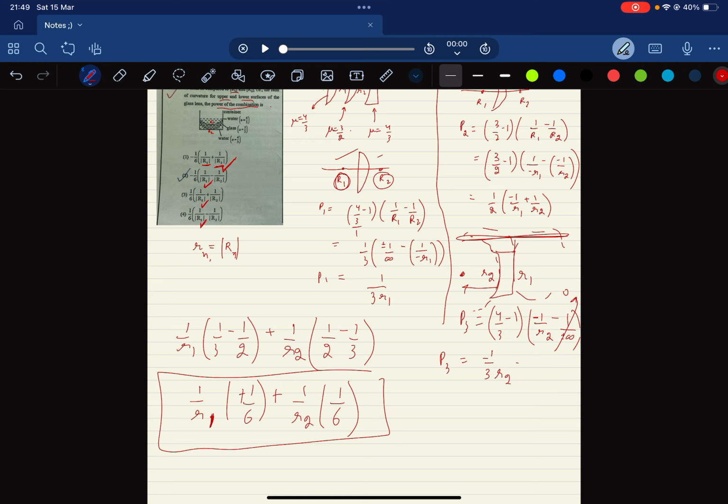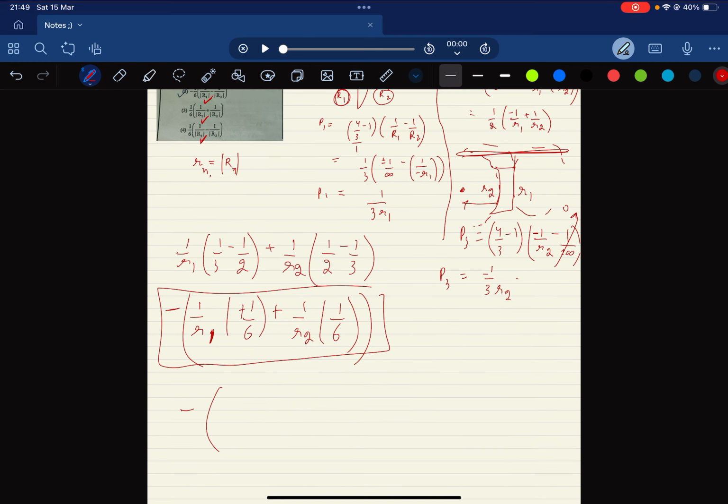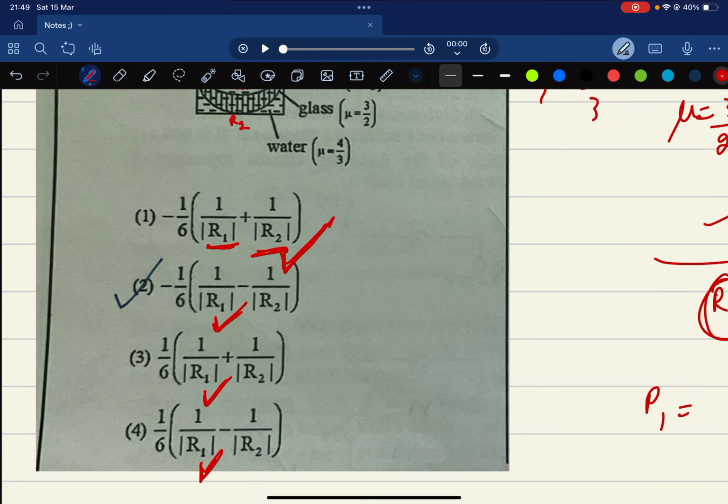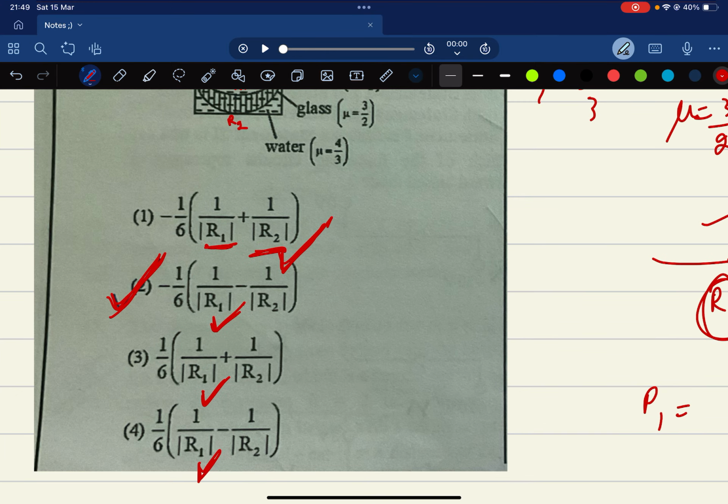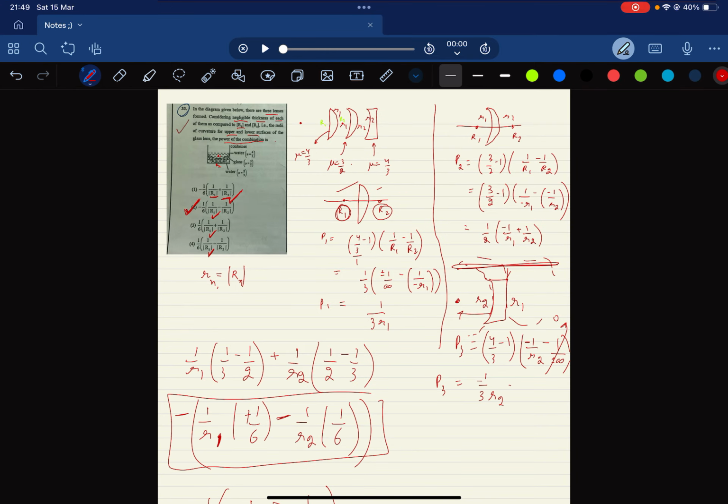That is why the minus goes outside and we get 1 by r1 minus 1 by r2, all of the minus outside. That is why it is the second part. I hope it's clear.